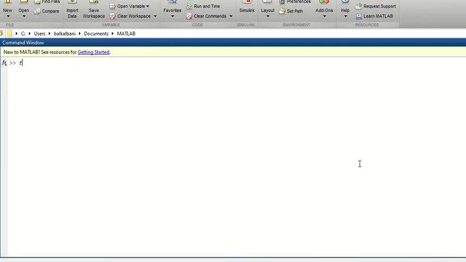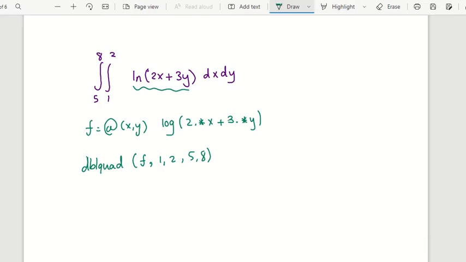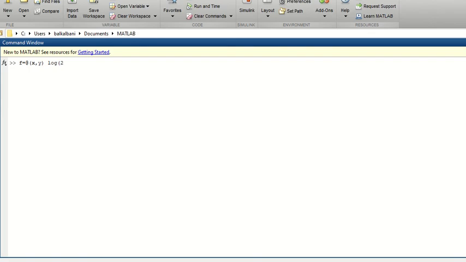So f is equal to at the rate of x comma y, log of 2 multiply by x plus 3 multiply by y.